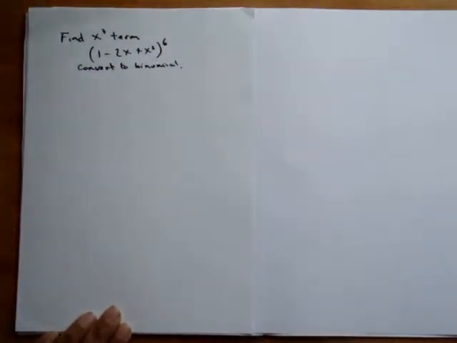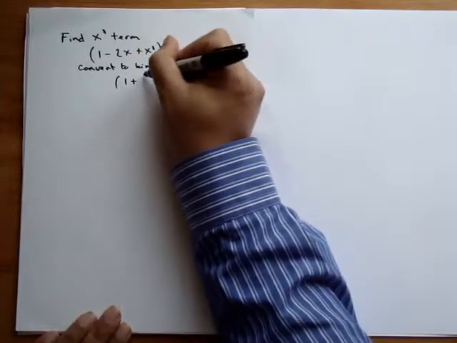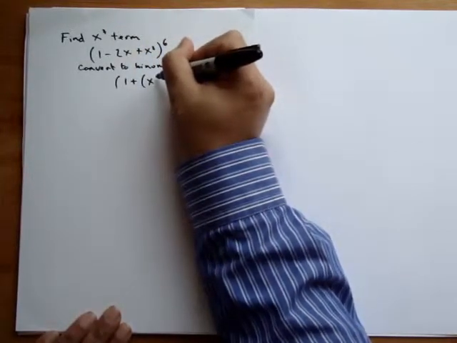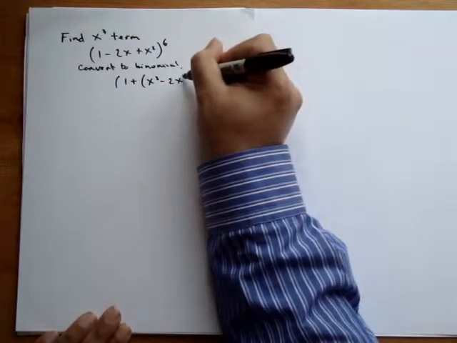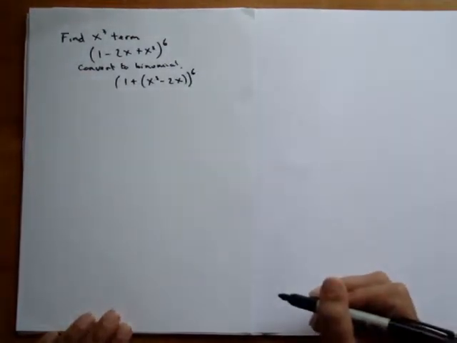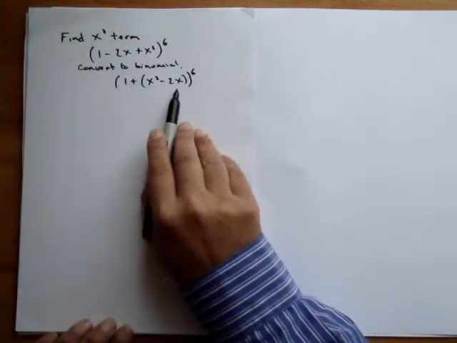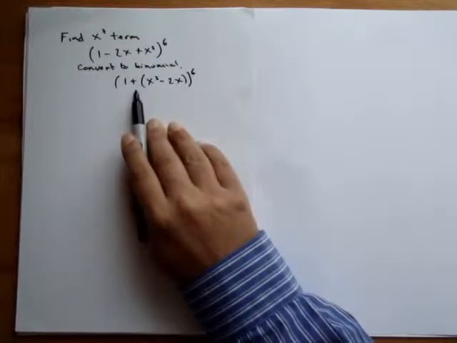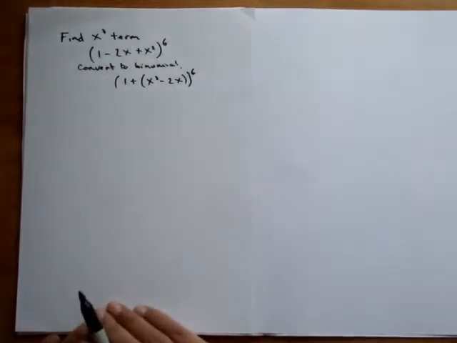So when we convert this into a binomial, we get 1 plus x cubed minus 2x, and all this is to the power 6. So this is our 1, or our a plus b. We notice that there isn't an x in the a, so we can't use the previous method that we used. So we have to do some algebraic sort of method.